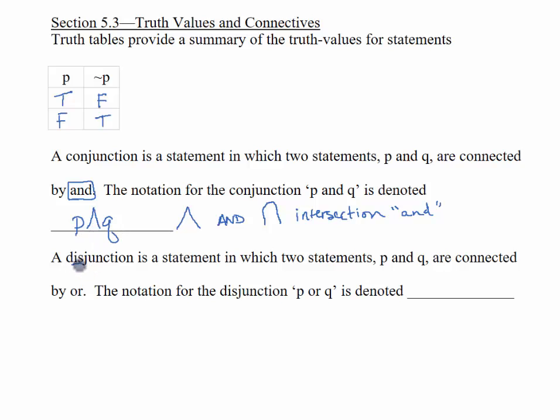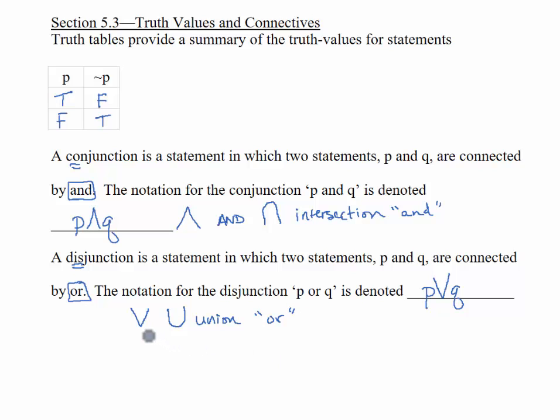A disjunction, different from a conjunction, is a statement in which two statements P and Q are connected by or. The notation for the disjunction P or Q is denoted like this: P with a big V, like that, Q. And that symbol, or, is very similar to this symbol, which we learned was union, and it means or when we're talking about inequalities.